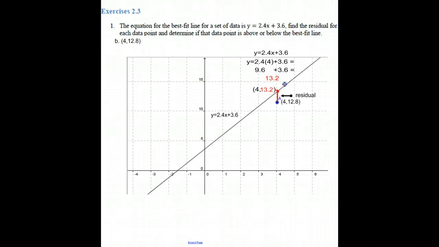Let's put it in here. That comes from substituting 4 into our equation and getting 13.2, and that is our predicted value. So here's our predicted value, 13.2. And let's just circle that.